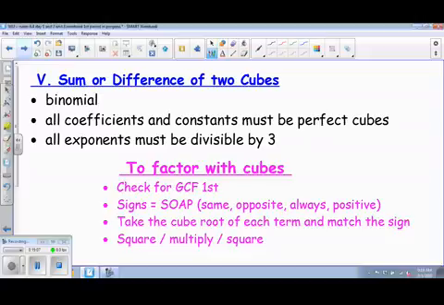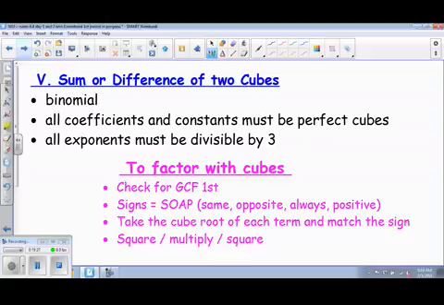The pattern for the signs, there's an acronym called SOAP. Same, opposite, always positive. That stands for SOAP. I'll show you what that means in a minute. So you put your signs first in your answer.